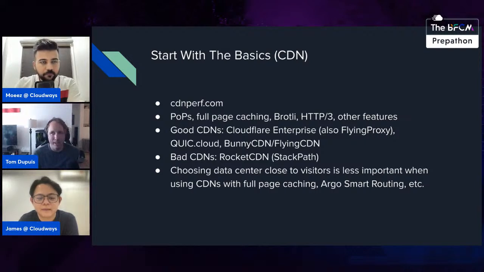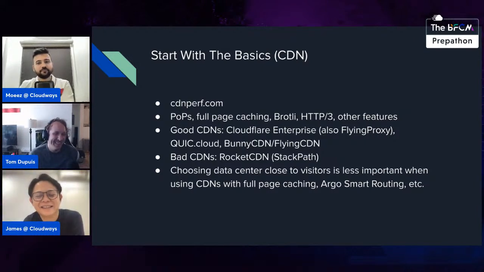It has no image optimizations, no smart routing, no features that Cloudflare has. So it's super basic, like the original type of CDN, when we all started a long time ago. Yeah, exactly. It's made no improvements for a long time. So there are a lot better options out there.